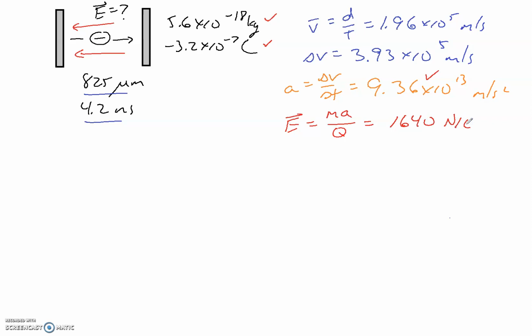Technically that q is negative and technically the acceleration is negative, but they'll end up canceling out. So you just end up with the electric field of 1640, and I know that it's going towards the left because the negative charge would go the opposite direction that the field is actually going. So there's my electric field, 1640 towards the left.